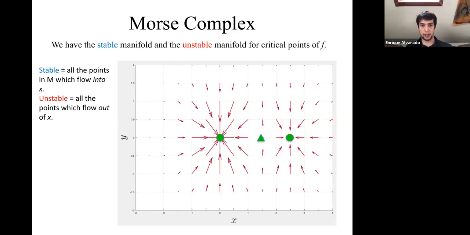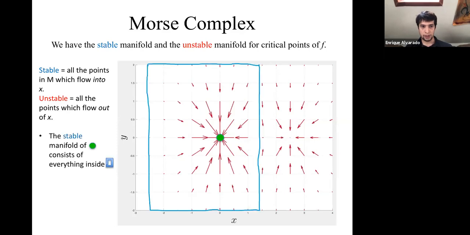So if we take a look at the first critical point on the next slide, the stable manifold of this particular critical point is everything that's inside this rectangular region in blue. So if you plop a point in this blue region, that's going to flow towards that particular critical point. Okay, that's the stable manifold of that critical point.